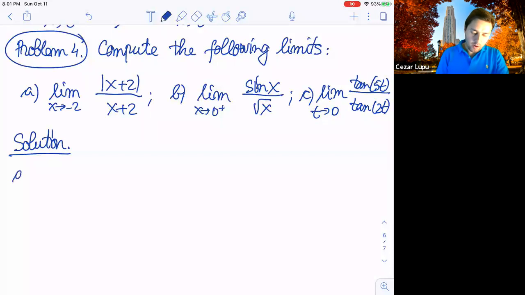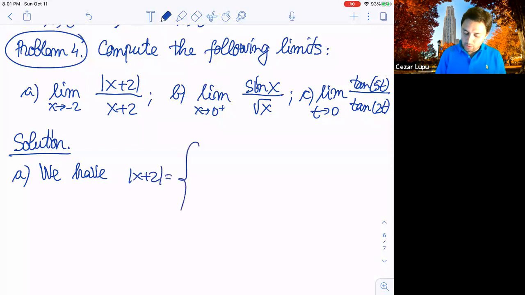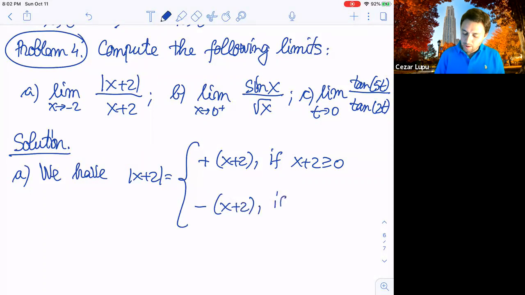Let's start with the first one. And again, since we have something with absolute value, maybe it's a good idea to write a definition of the absolute value. So we have that the absolute value of x plus 2 will be, and I want you to be very careful here, x plus 2 if the quantity x plus 2 is non-negative. It will be minus the quantity x plus 2 if the quantity x plus 2 is negative.